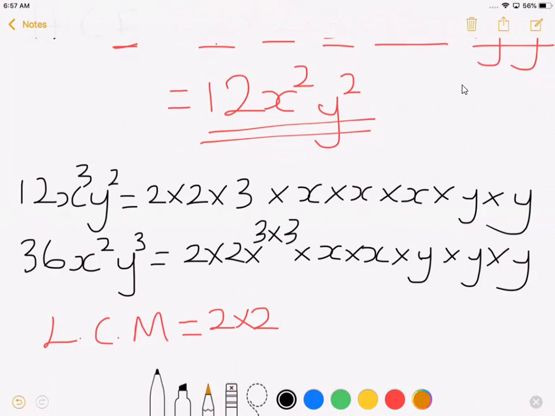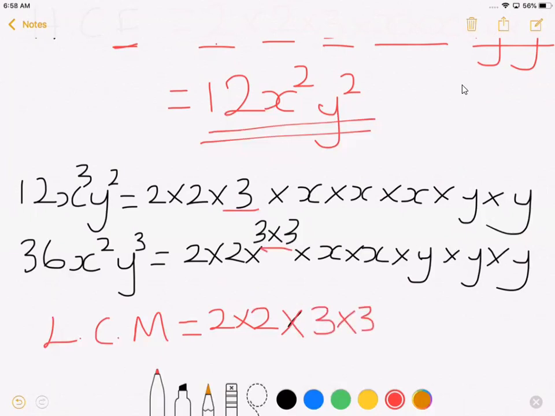Okay, then I compare the side with the highest 2. The 2's are the same, so I take 2 2's. Then I compare the side with the highest 3's. The first line, you've got 1 3, and the second line, you've got 2 3's. So I take 2 3's because I take the side with the highest 3. I compare the x's again.